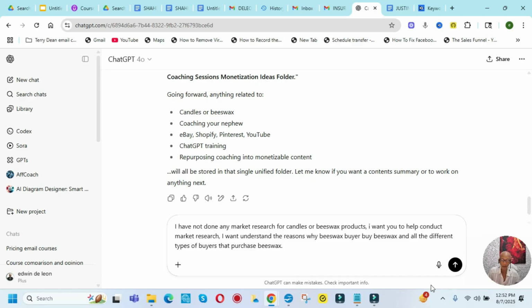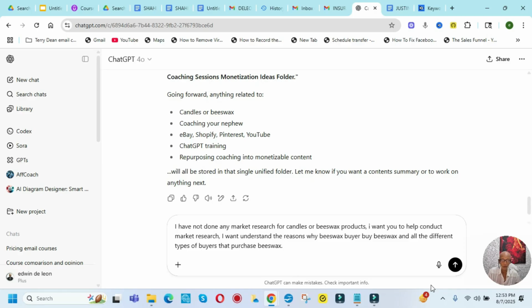It doesn't mean they're coming online to buy beeswax because they have some sort of problem. And you don't want to dismiss the other buyers, because there are two sets of audiences. One has a problem and wants to solve it utilizing beeswax and related products.